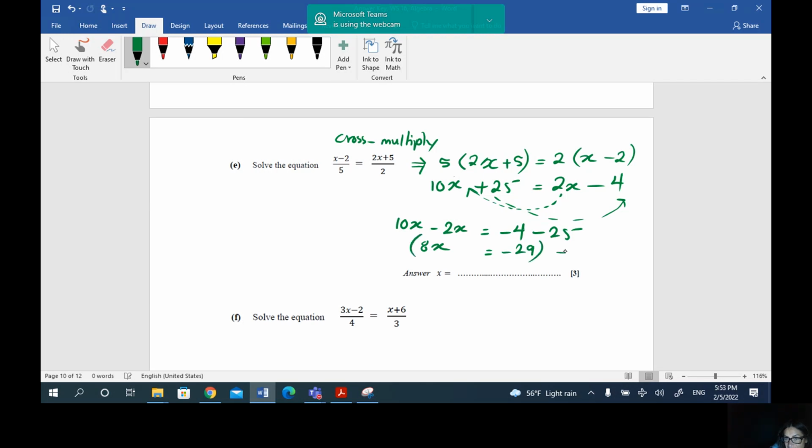Divide all by 8. So 29 divided by 8, the answer will be negative 3.625.